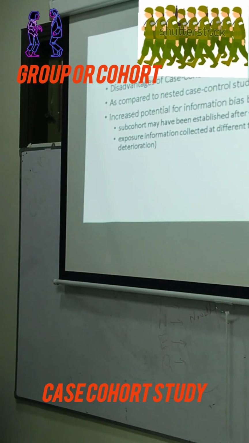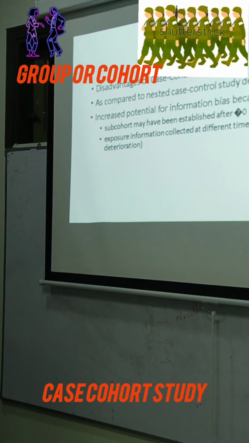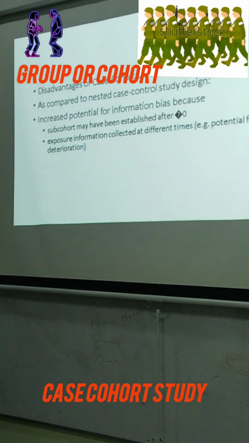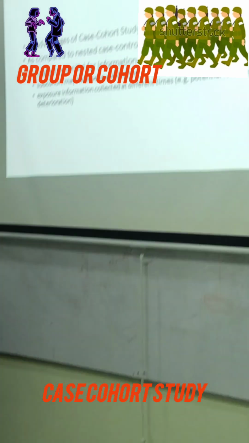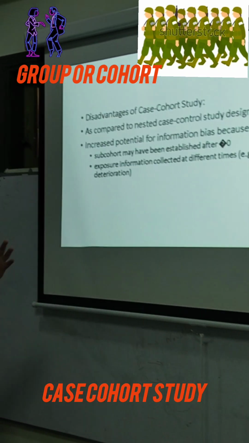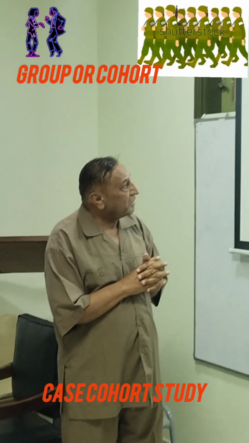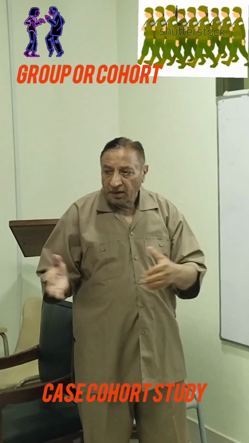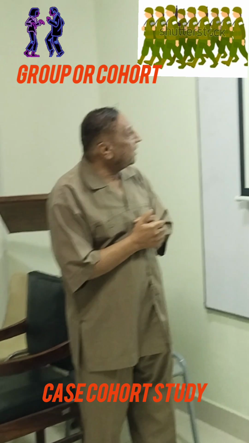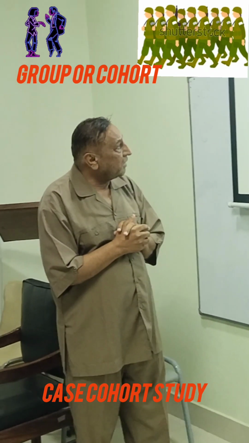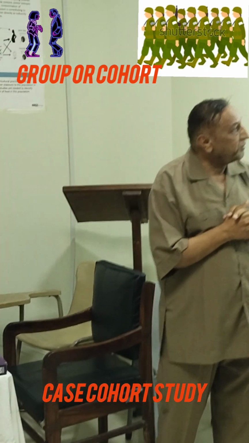One disadvantage, as compared to the nested case control, is increased potential for information bias, because some cohorts may have been established after the initial work and exposure information collected at different times.